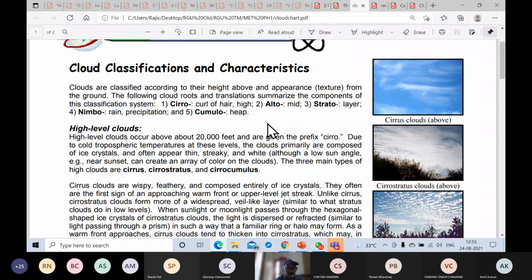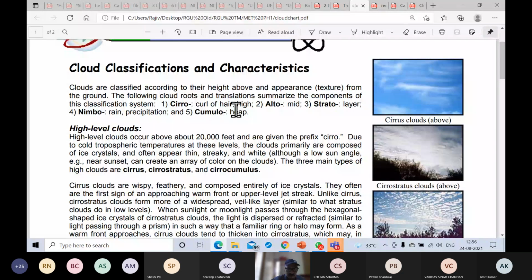There are various types of clouds, but as I said, the broad classification includes high level clouds, mid level clouds, and low clouds. Then by appearance or texture: cirro signifies the type of cloud which has a curl of hair.